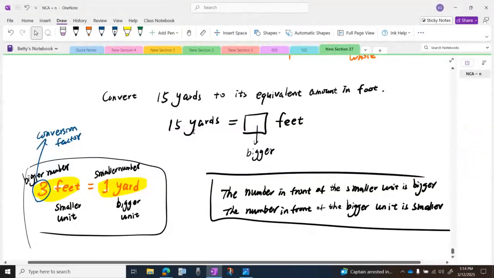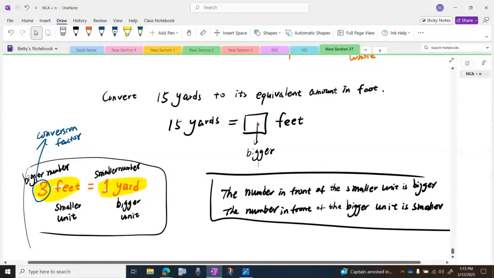How do we get a number bigger than 15 that makes this equation a true statement? We use a conversion factor. Earlier we saw the formula and we know the conversion factor between those two units is 3, right?